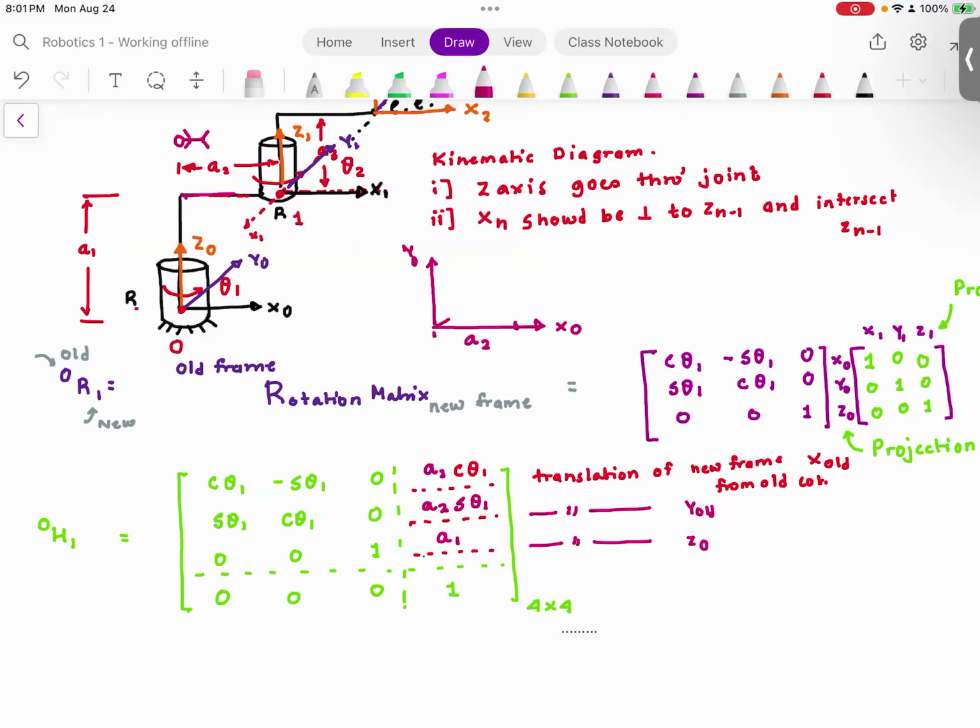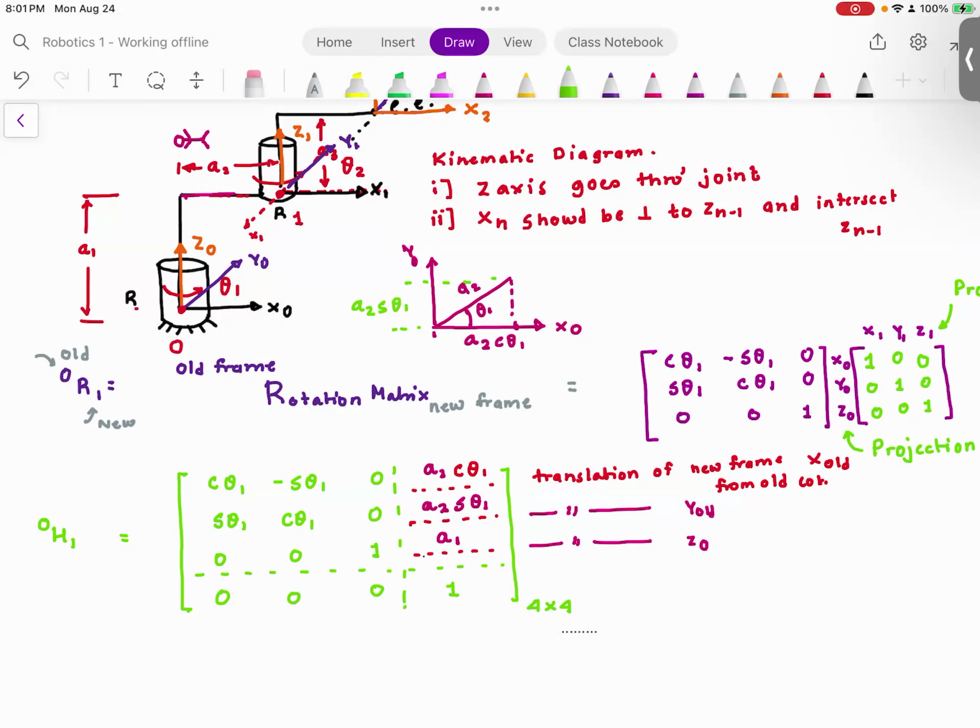Now, as theta changes, if this theta changes to theta 1, you agree with me? This A2, you have to see as A2 cosine theta 1. And then this would be A2 sine theta 1.